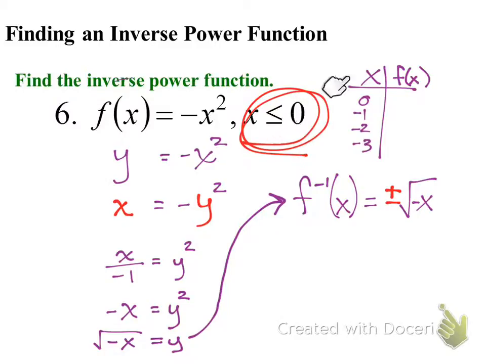We learned about inverses, how the domains and the ranges switch. If this is the domain of the function, that means the range of the inverse is going to look like it.